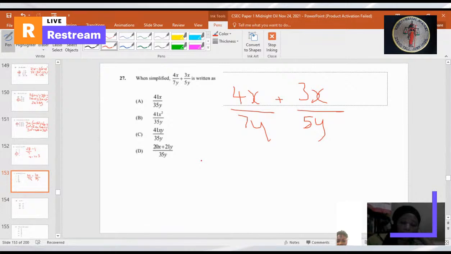If they have the same denominator, you can just write back the same. But they don't have the same denominator. So you'd find the LCM of 7y and 5y, which is 35y.